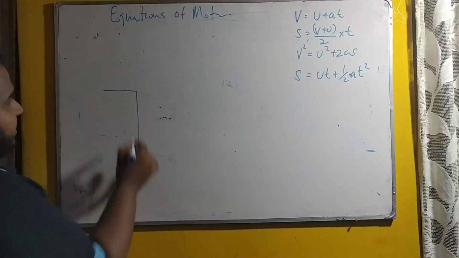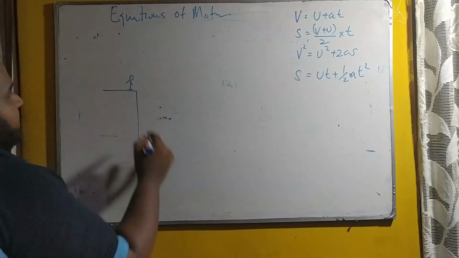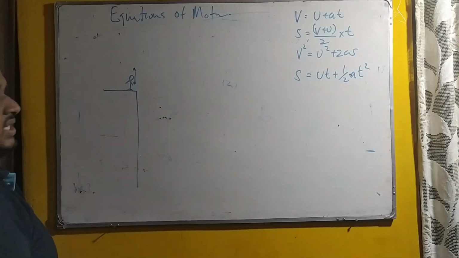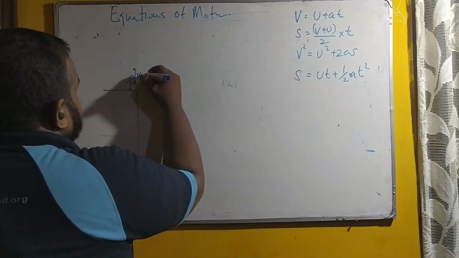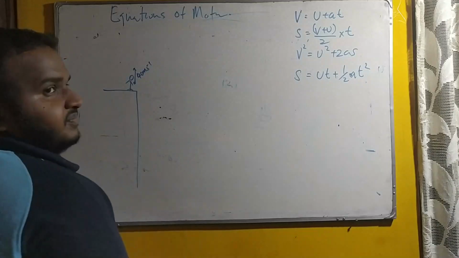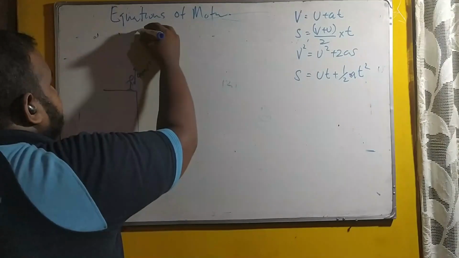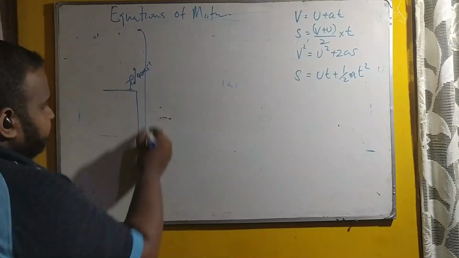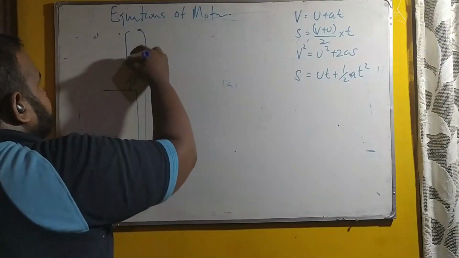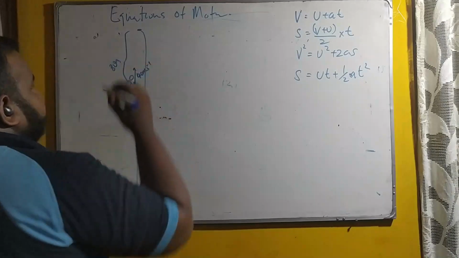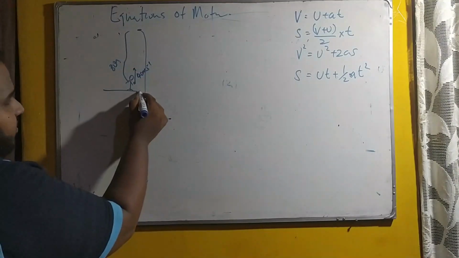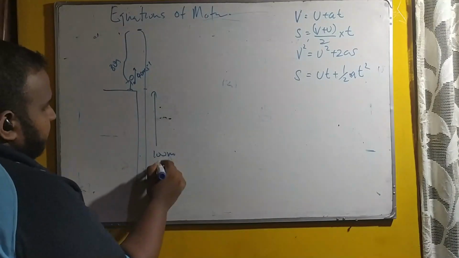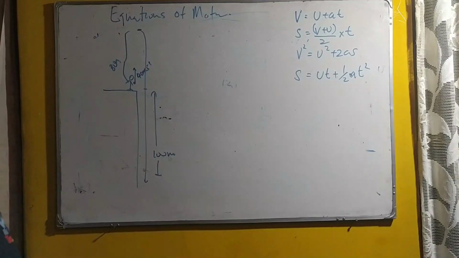Here the person threw the ball upward with an initial velocity of 40 meter second minus 1, and the object moved up, reached the maximum height and returned back. From here to here it was 100 meter, and there it was 80 meters.